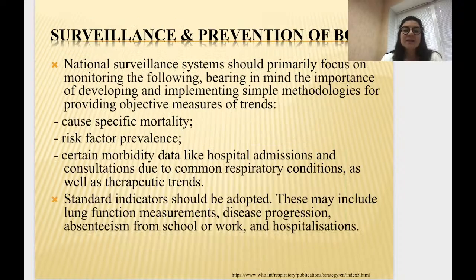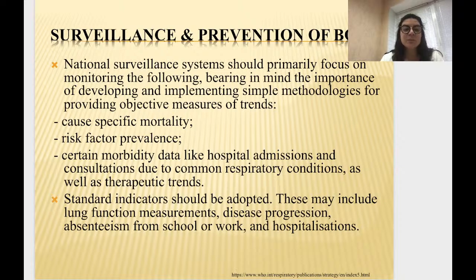Okay, surveillance and prevention of bronchoobstructive syndrome. National surveillance systems should primarily focus on monitoring the following, bearing in mind the importance of developing and implementing simple methodologies for providing objective measures of trends.